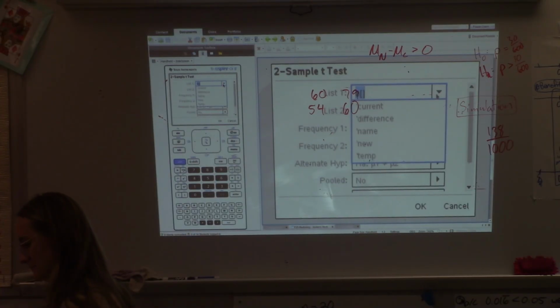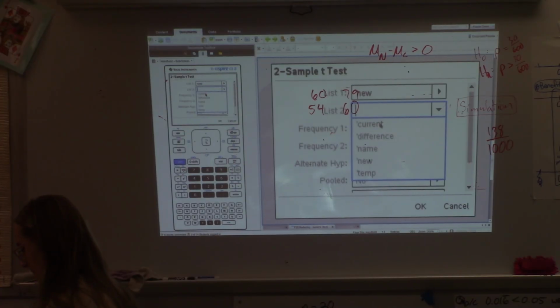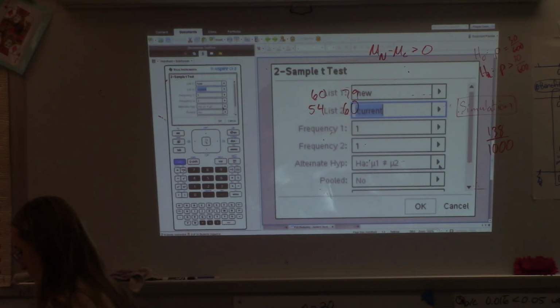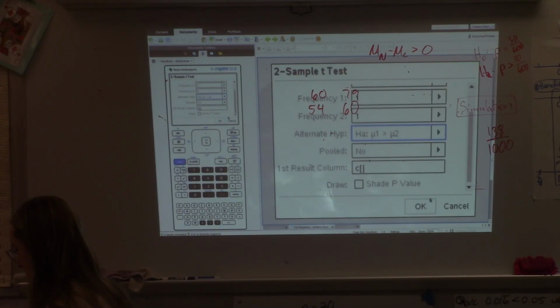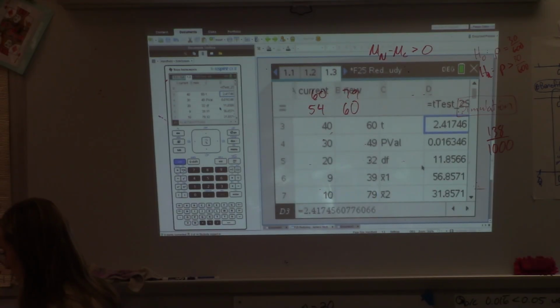As soon as I put this in, I'll be over there. So look, you do new minus current. Could you flip it? Sure. You just have to make sure you do your hypotheses the opposite direction. It has to be greater than. So that is the p-value you should have gotten.